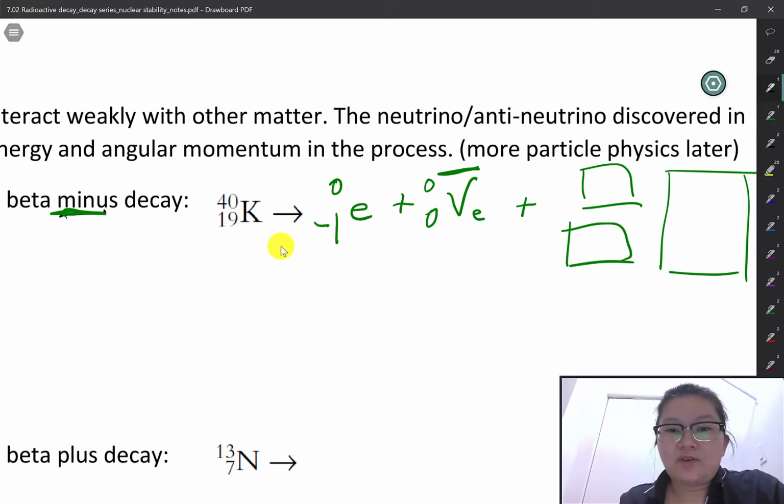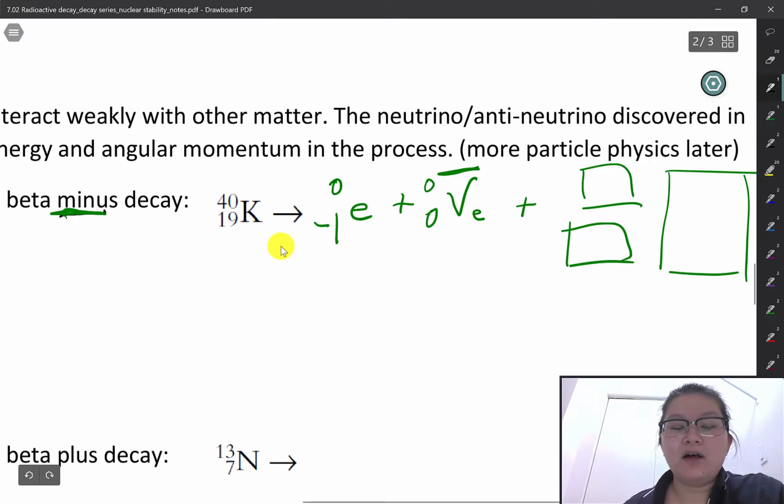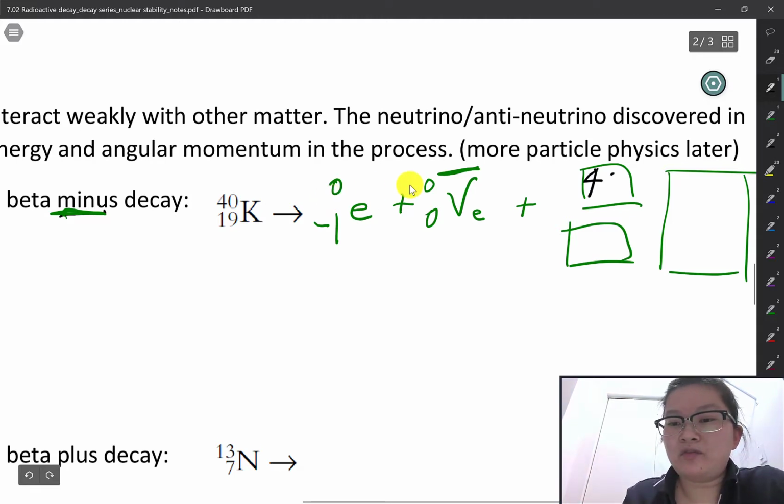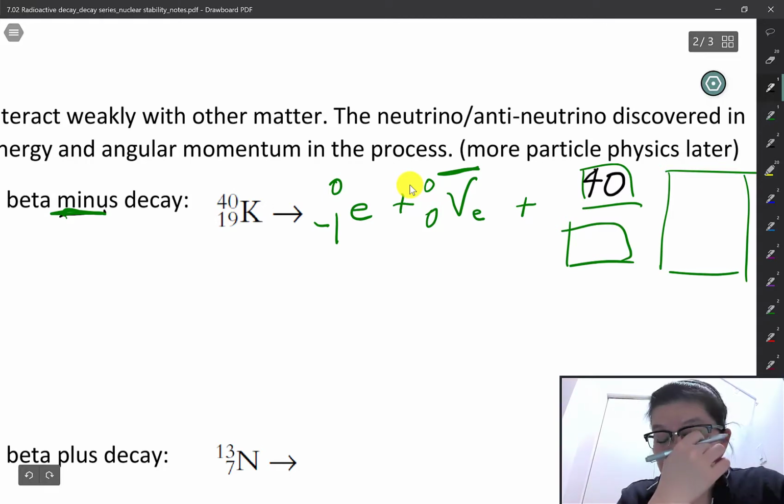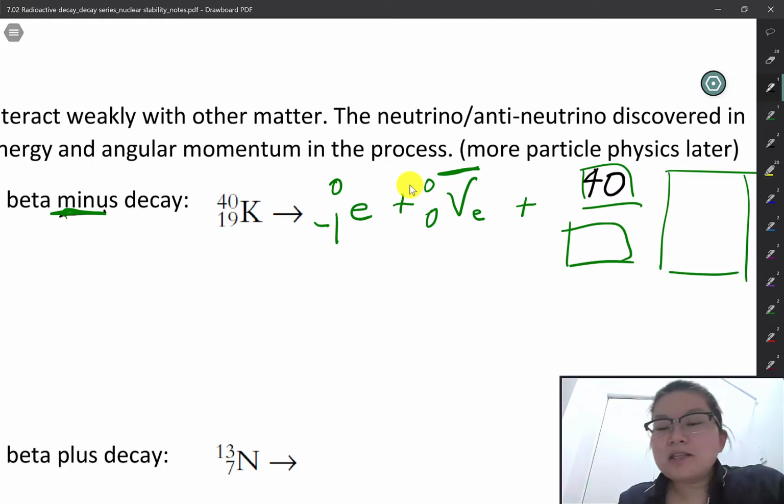So first things first, atomic mass is conserved. So all of our particles that are produced here, including your beta minus particle and your antineutrino, have no significant atomic mass. So your element is going to bear the full weight of that 40, okay? And as for the bottom, we have to take into account this -1 charge.